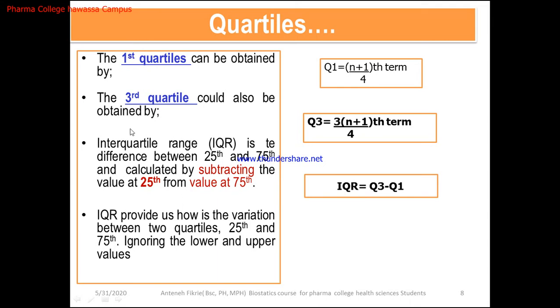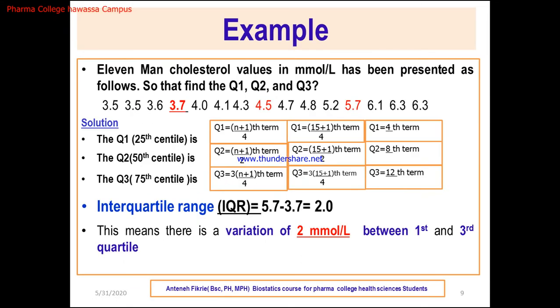So the interquartile range is the difference between the 25th percentile and the 75th percentile, calculated by subtracting Q1 from Q3. It is best used to show the variation or the dispersion between the two quartiles, the 25th percentile and the 75th percentile, ignoring the lower and the upper values. This interquartile range can be used together with the median.